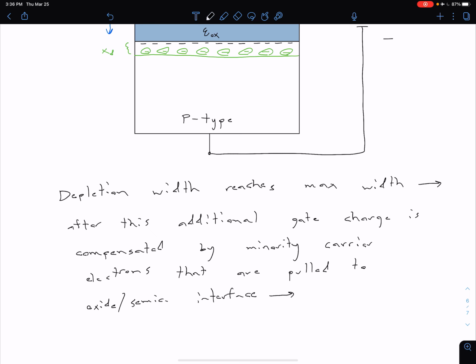As I mentioned before, that layer of electrons we then call our inversion layer.